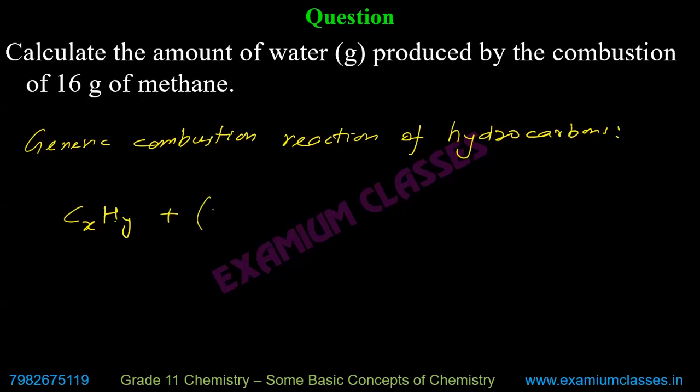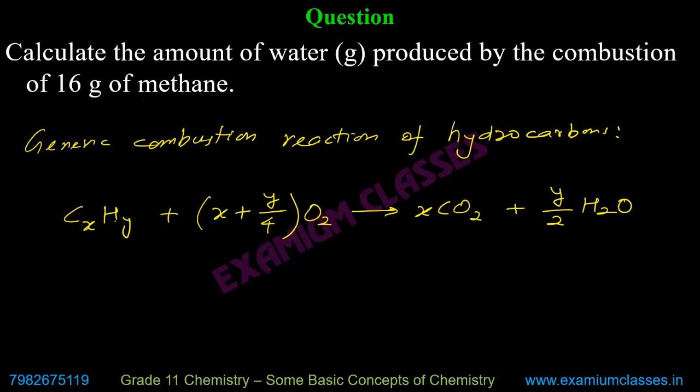Plus (x plus y by 4) O2 will give you x CO2 plus (y by 2) H2O, all in gaseous form. CxHy may not be in gaseous form, depending on what the molecular mass is.